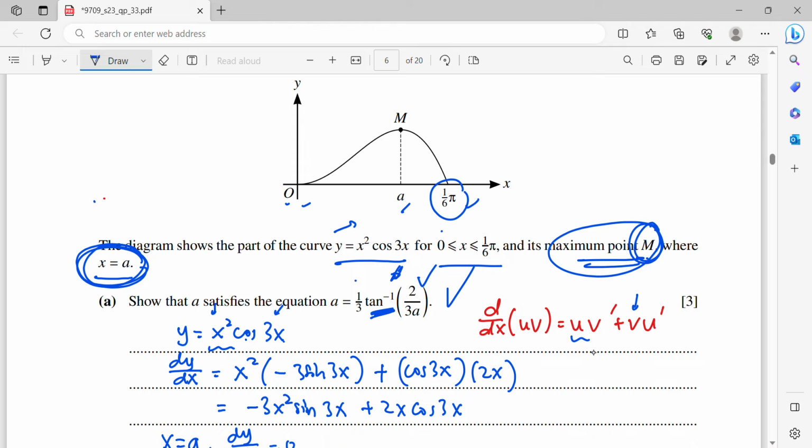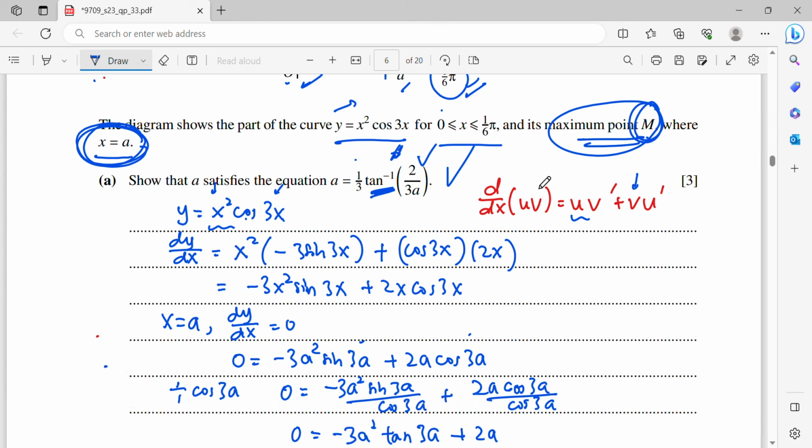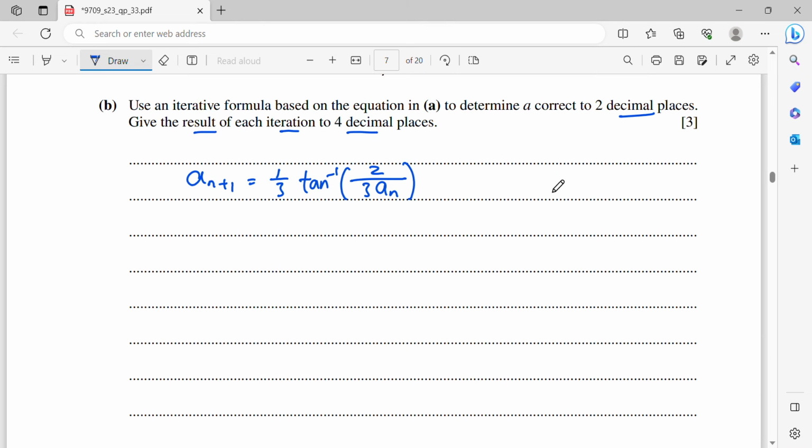So you can choose any values for the a naught. You can choose 0, 1 over 6 pi, or any other numbers. So I will take 1 over 6 pi, or maybe you can just take half of 0 and 1 over 6 pi, which is 1 over 12 pi. Okay, any values will do.